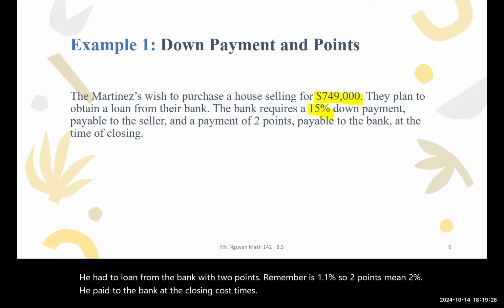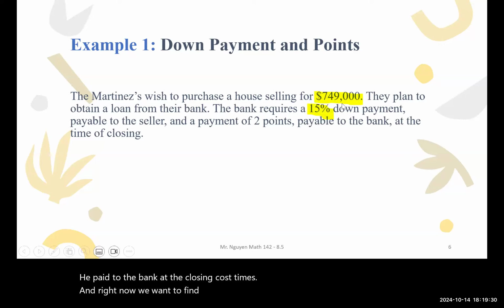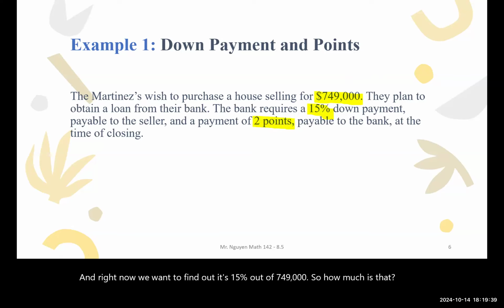Right now we want to find out 15% of 749,000. How much is that? And then whatever the rest he loaned from the bank, and he must pay 2 points interest to the bank.